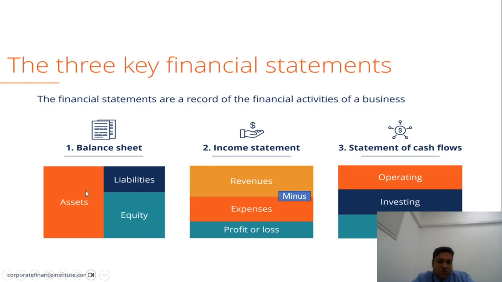So fixed assets are those which are immovable in nature and you cannot easily convert into cash. Examples of fixed assets could be land, building, machinery. And the current assets are those which you can easily convert into cash. For example, it could be stocks, or raw materials, or the payments which you have to receive from the customer.